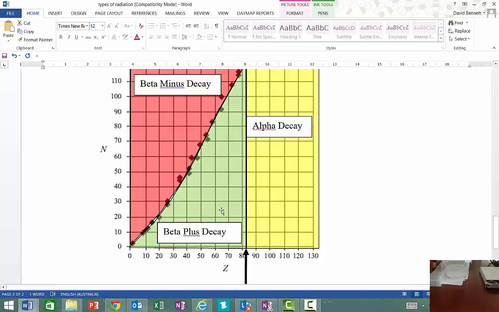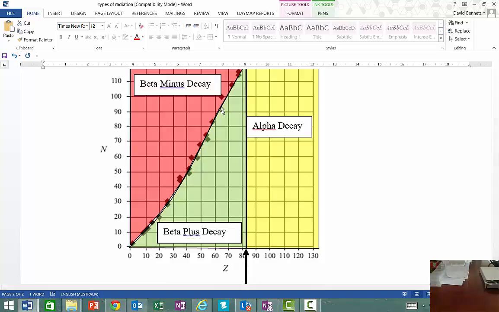But when we start getting quite big atoms or nuclei, then the ratio of neutrons to the atomic number increases. Alright, so let's say if we had 60 as our atomic number, the number of neutrons now is over 80, it's about 85 neutrons. So if it's got 60 electrons, it's going to have 60 protons, but it's going to have 85-ish neutrons.